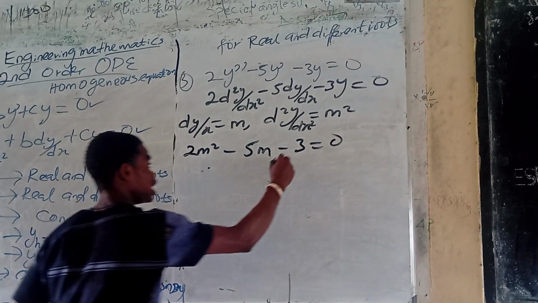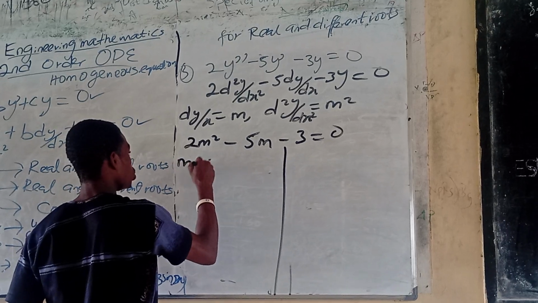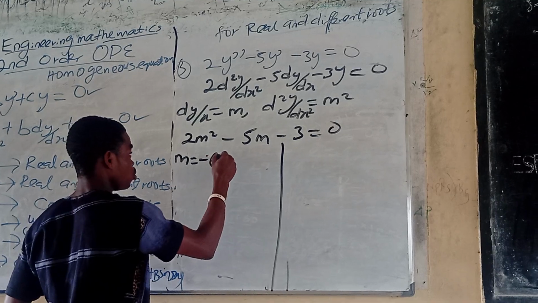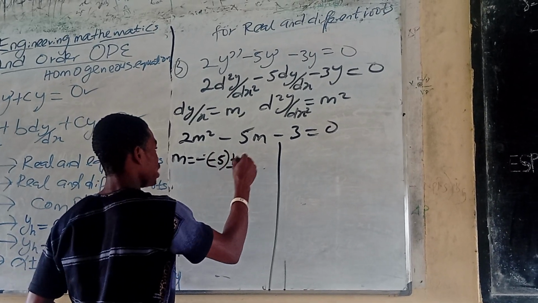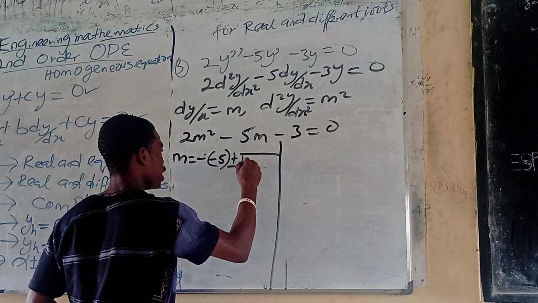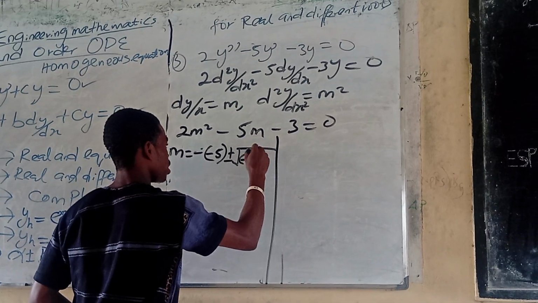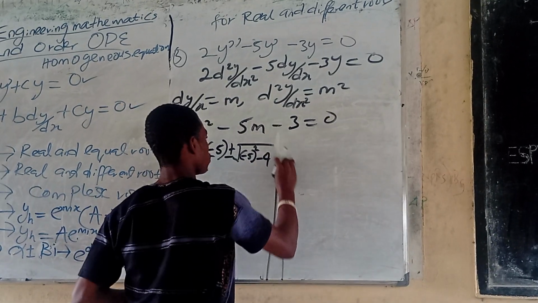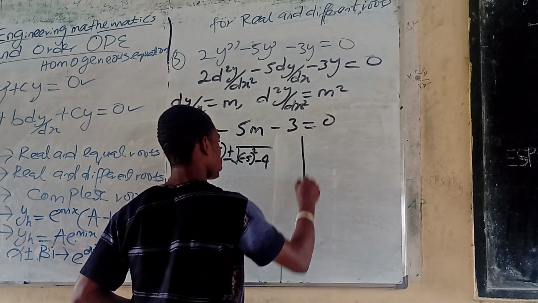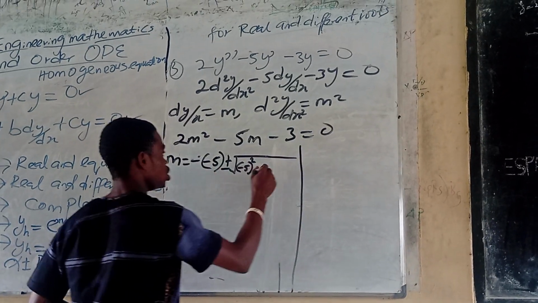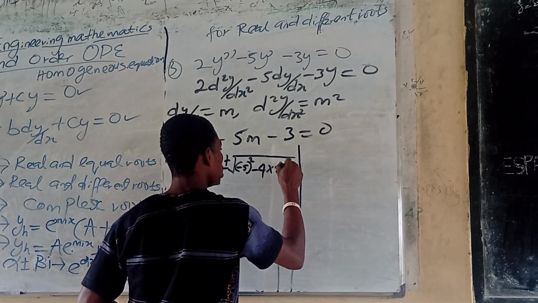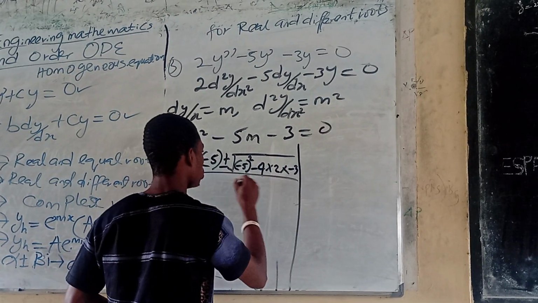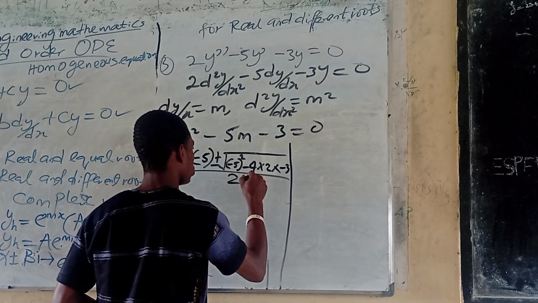Using the quadratic formula, m equals minus b. Your b is minus 5. So minus 5 plus or minus the square root of b squared, that's minus 5 squared, minus 4ac, where a is 2 and c is minus 3, divided by 2a, where a is 2.